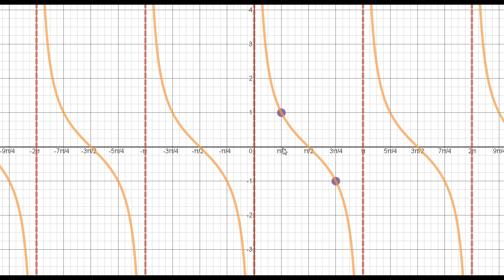At the halfway of the halfway, which means a fourth of the way, I'm up at 1 because 1 is the number in front of tangent. And I'm down at negative 1 at the other halfway point because 1, again, is the number in front of my tangent. So let's compare that to another graph.